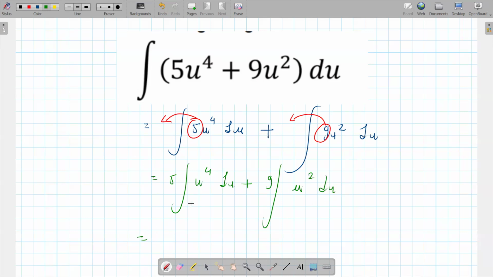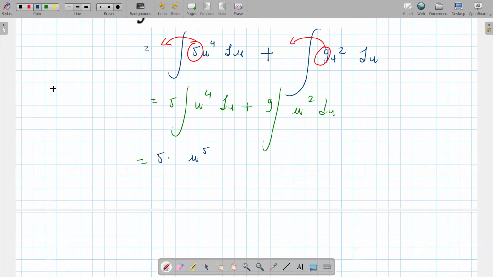What's the integral of u to the 4? It's u to the 5. Divided by what? Because if you have this, you're going to get 5 in the front, right? So you need to get rid of that 5. See if that made sense. u^5, the derivative is 5u^4. But here, we don't have a 5, right?